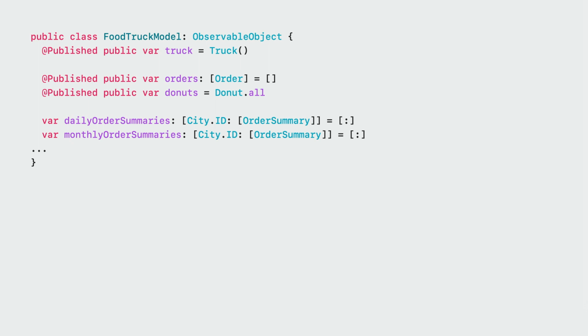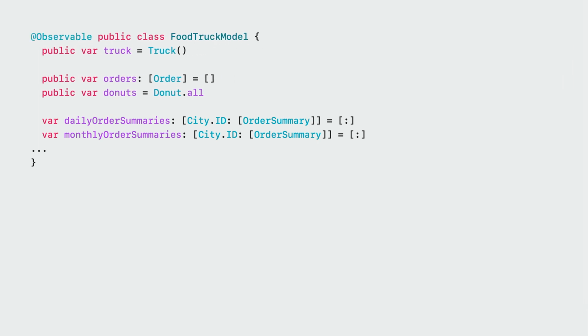Before the change, the food truck model type had an observable object conformance, and it had a number of properties that were marked with the @published property wrapper. Changing over to the @observable macro was pretty easy. All we needed to do is remove the conformance observable object, remove the @published, and mark it with the @observable macro.